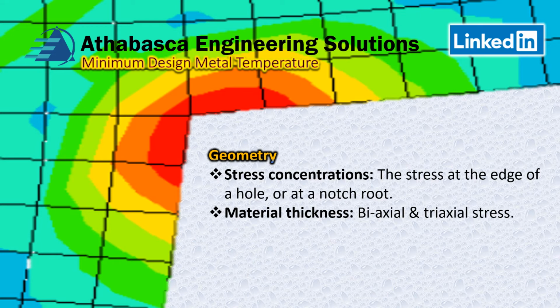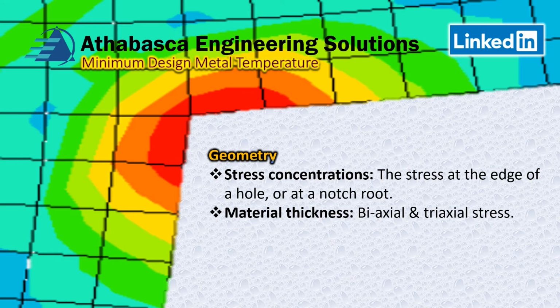So be aware of that, and UCS 66 takes that into account because it's also a function of the thickness of the part. So basically with a very thin part, you'll be able to get more credit for the MDMT as opposed to a thicker part.